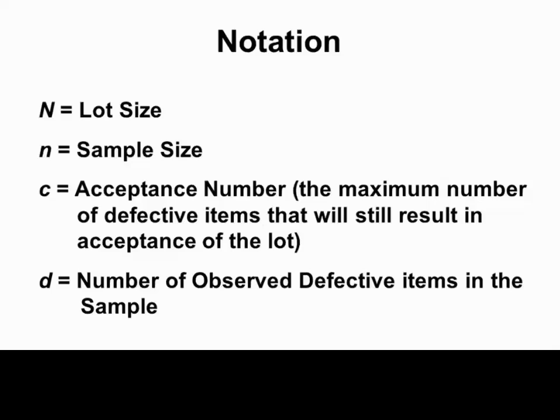Anything more than C would lead you to reject the lot. C or fewer would be an acceptance. And then D is just the actual number of defective items in the lot. One thing you could say about all four of these letters is that they're all integers, whole numbers, between 1 and technically infinity.